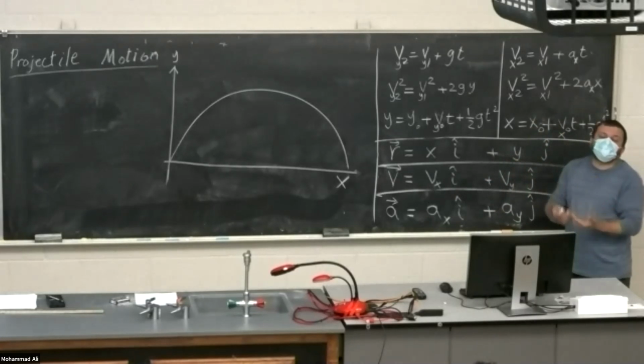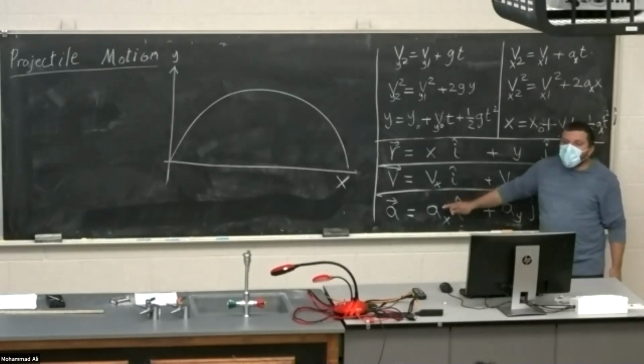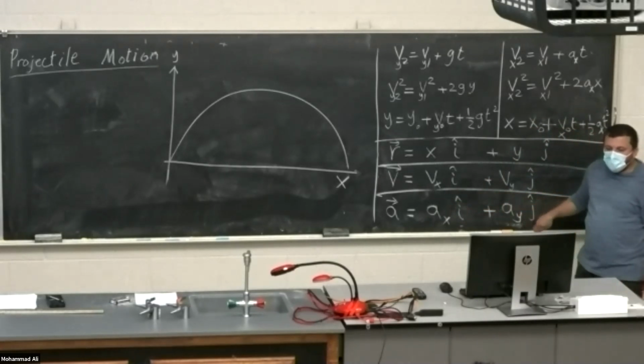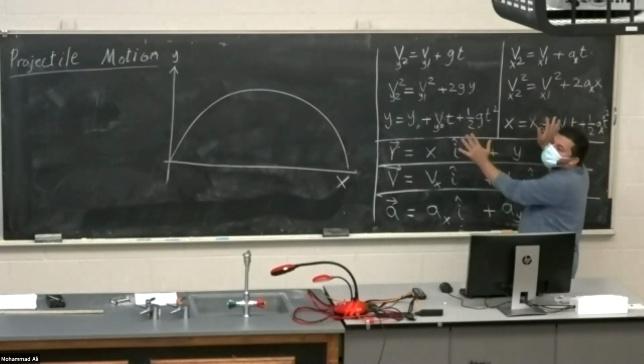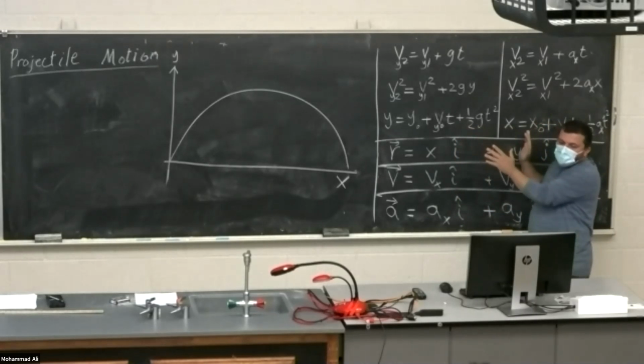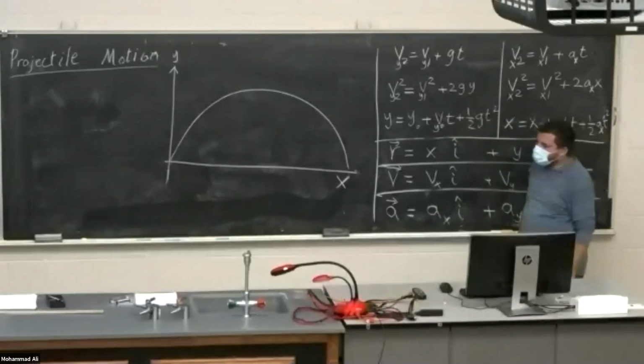And we have an acceleration, which is ax in the x direction and ay in the y direction. We also have the z direction, but we will not talk about it. Now, these are the main tools we need to use in this problem.